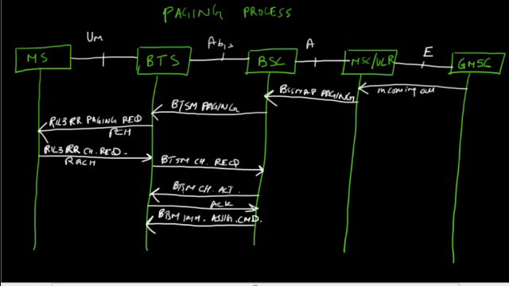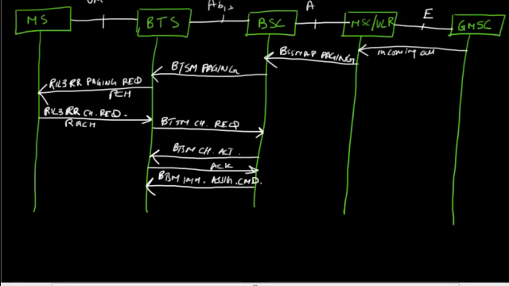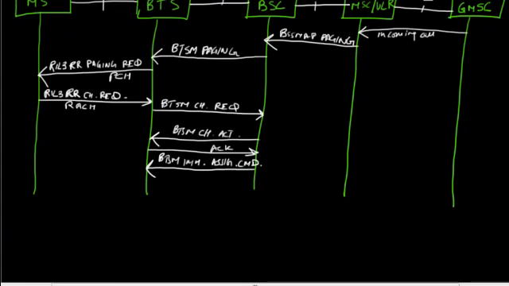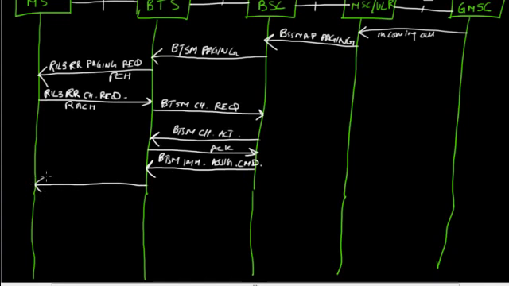Now the BTS, let's move a little bit down where we have more room. So the BTS sends a RIL3 RR immediate assignment message to the MS on the access grant channel.